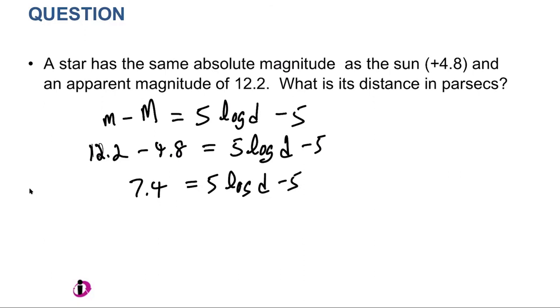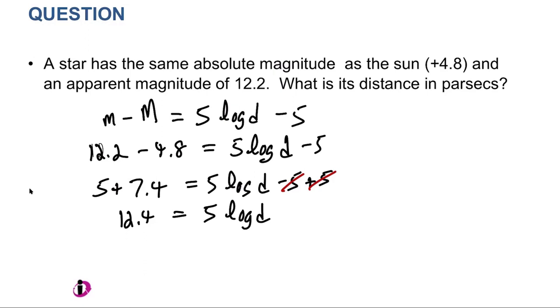What are we going to do now? Well, we have to unpack this one step at a time, right? And we have to get rid of the minus 5 before we can do anything else. So let's add 5 to both sides. Minus 5 plus 5 will go away. 7.4 plus 5 on the other side is 12.4. And that's equal to 5 times the log of the distance.